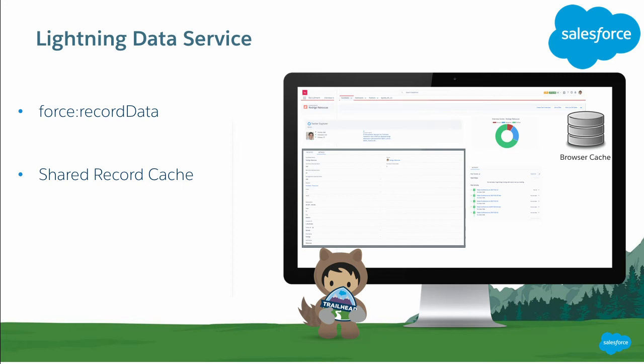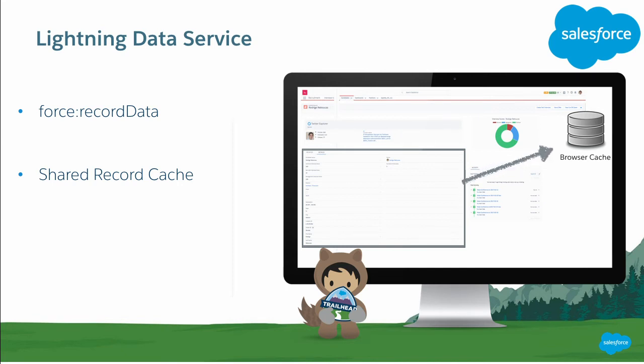Think about if we want to make a change to a field value on a custom object. Behind the scenes, Salesforce is already using this shared record cache in Lightning and Salesforce Mobile. So we don't want all the other CRM components to go to the Salesforce server just to grab the new field value that the user just changed. That's the reason we created this shared record cache, and it really speeds up performance.